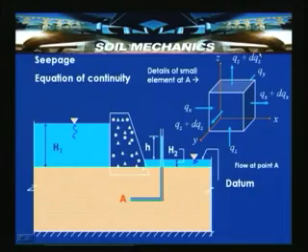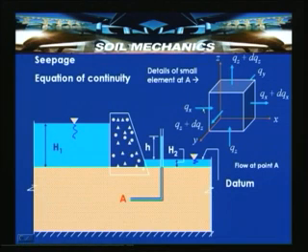Qz plus dqz is the flow coming out, so the net flow is dqz. Qx is the flow entering, and qx plus dqx is the flow coming out. Similarly, on the xz plane, qy is entering and qy plus dqy is coming out.